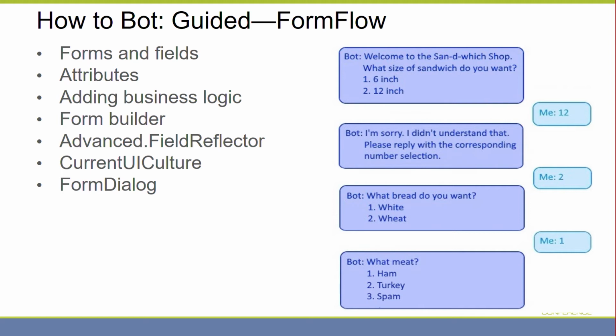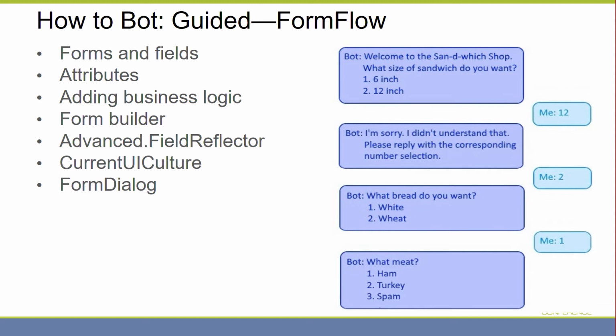But let's say that you want to add pitas to your sandwich shop. Well, if your user selects a pita, then they aren't going to need to know if it's 6 or 12 inch and you want to skip a lot of that dialogue. You can use the form builder, which allows you to skip around and bring up old dialogues as you see fit in order to create the flow of that form.